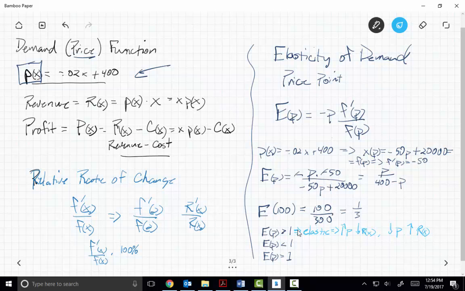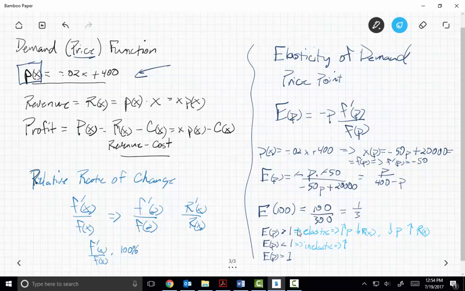Okay? If e of p is less than 1, then this implies inelastic. Your price is inelastic, which kind of sounds like a bad thing, but it's not about good or bad. It's just telling you what to do with your price. So what this means is if I raise my price a little bit, you don't want to do huge price increases because these curves can be crazy looking. You're talking about incremental price changes relative to how much it costs.